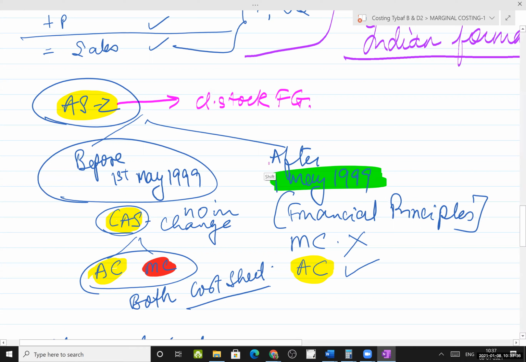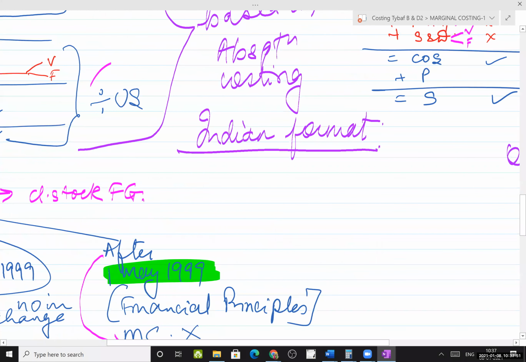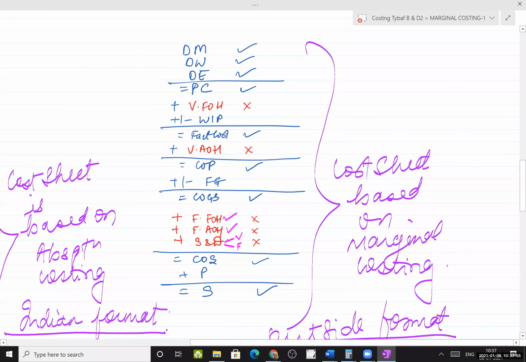So post 1st May 99, I mean, I'm talking about this format, this cost sheet based on marginal costing.